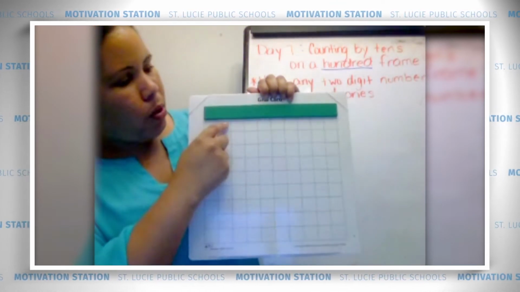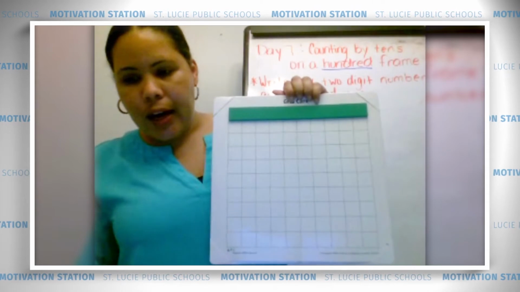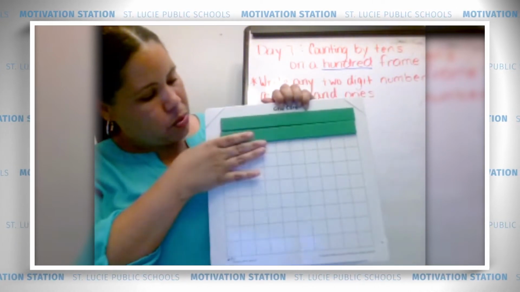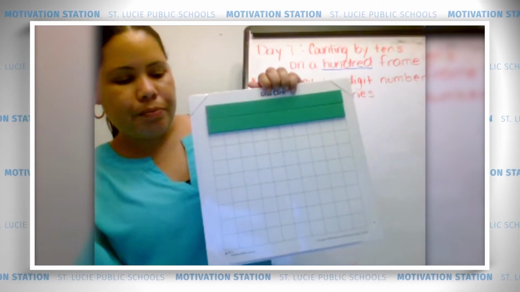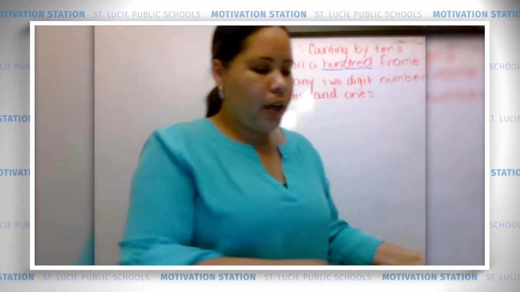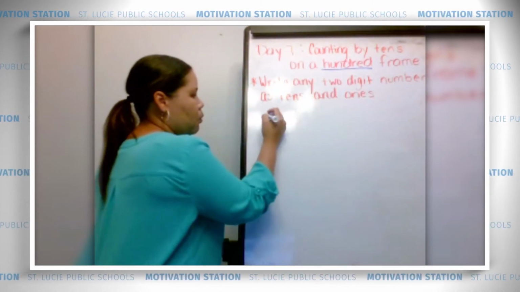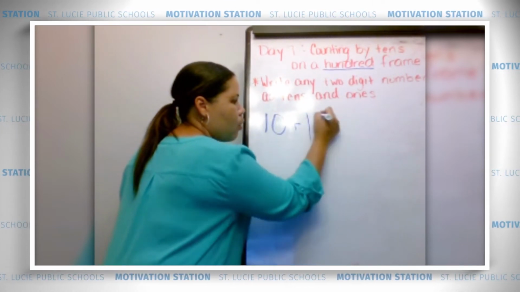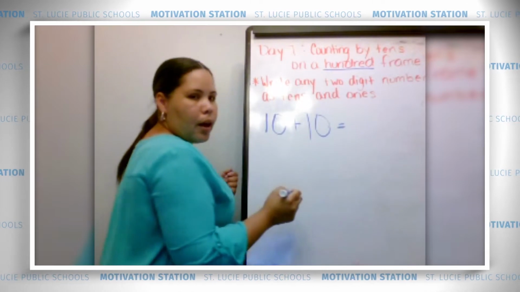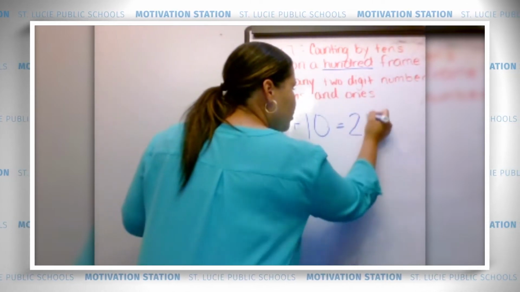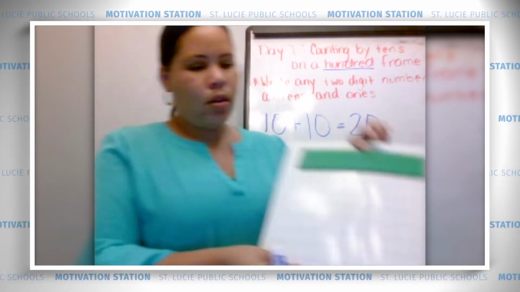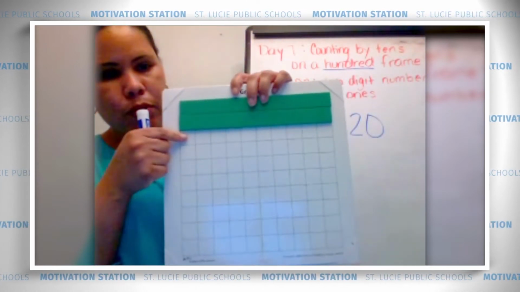And if I have a row of 10 here and I add another row of 10, how many squares are covered so far? Well, I know I have 10 to begin with, and I added another row of 10, and 10 plus 10 equals 20. How many squares are in the next row?